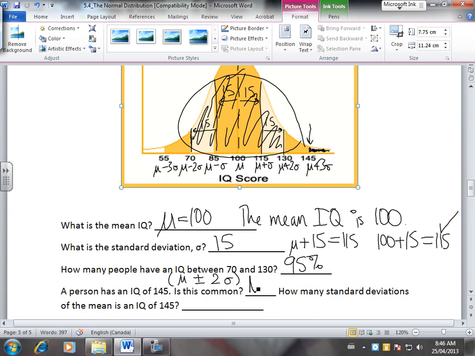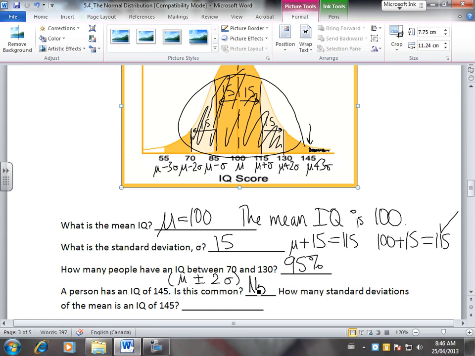The answer is no. An IQ of 145 falls well within what we call the genius range. These are people who are incredibly smart, people like Isaac Newton or Albert Einstein, possibly even someone like Steve Jobs.